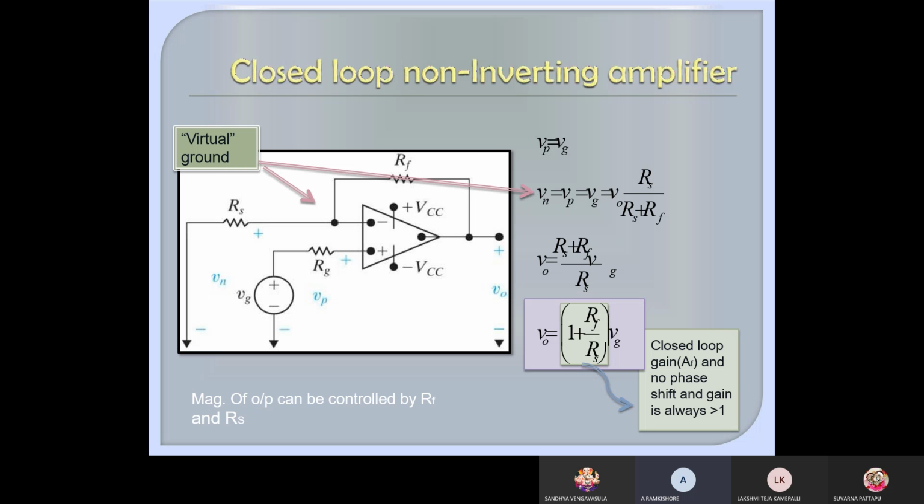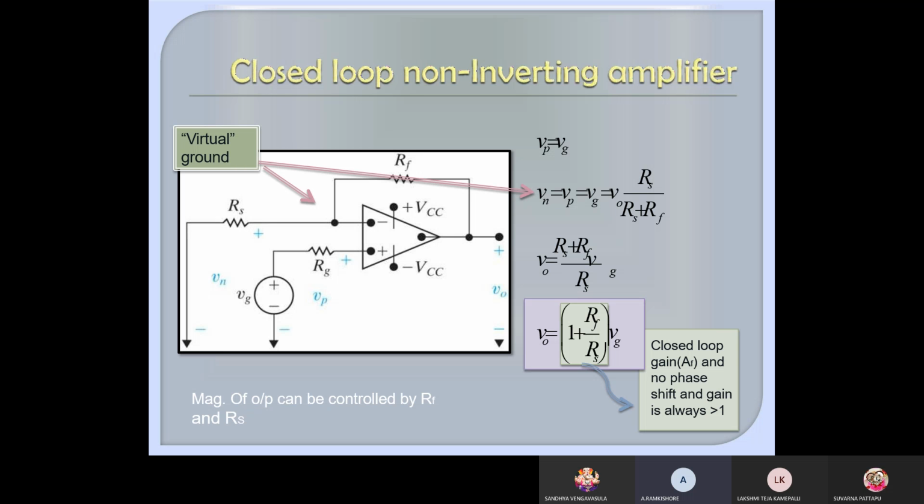Here we are applying the voltage source to the positive terminal of the op amp, and the negative terminal should be grounded, and feedback will be applied to the negative terminal of the op amp. Here also we are considering the virtual point.